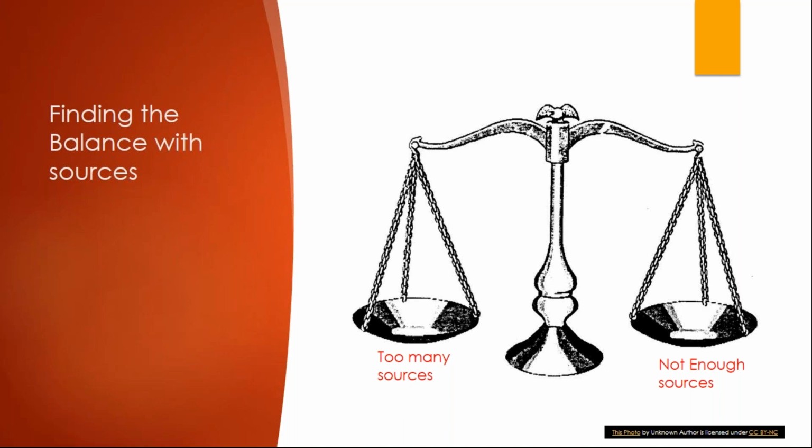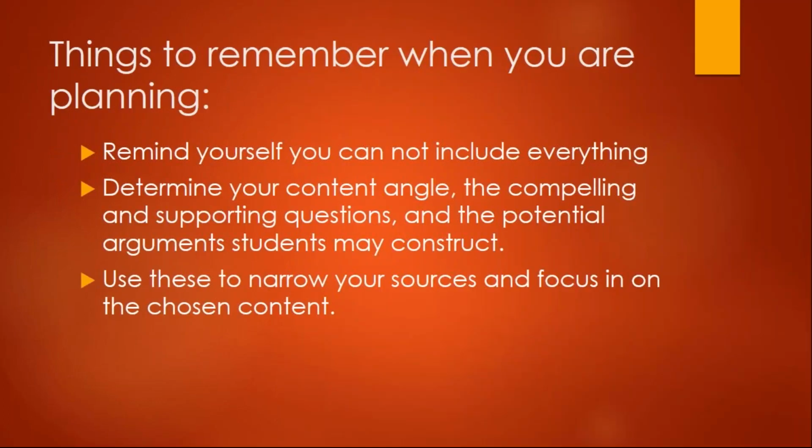In that same article, she continues to give advice on things that teachers need to remember as they're planning, that we cannot include everything. I think especially as history teachers, we try to give everything. We want them to see every perspective, every ounce of it, and that can sometimes overwhelm us. We need to focus on the content angle.